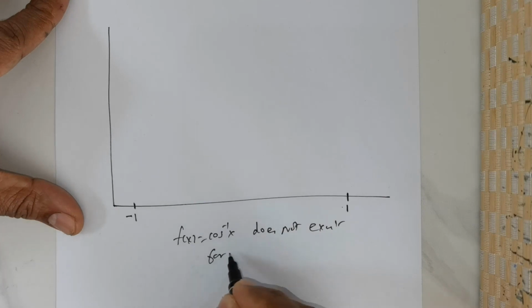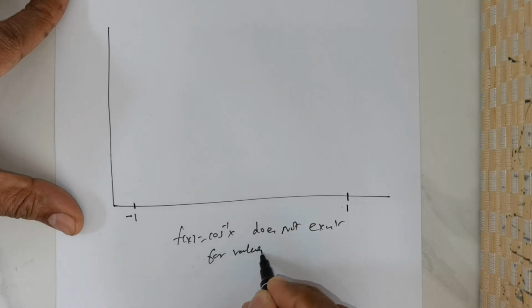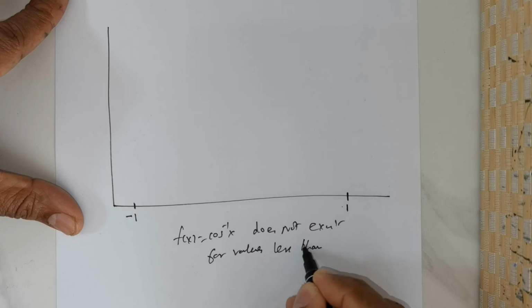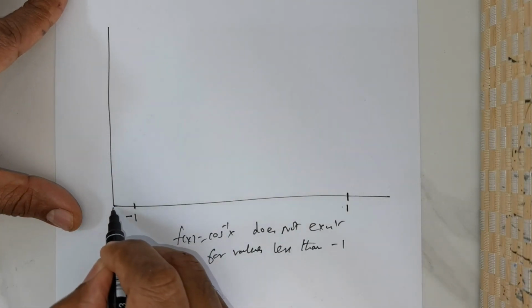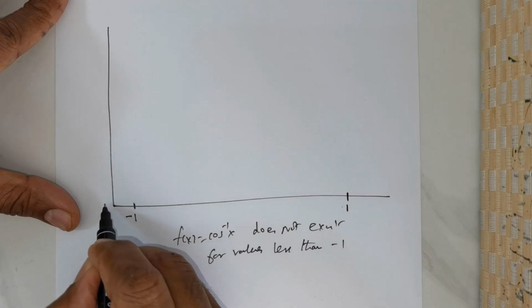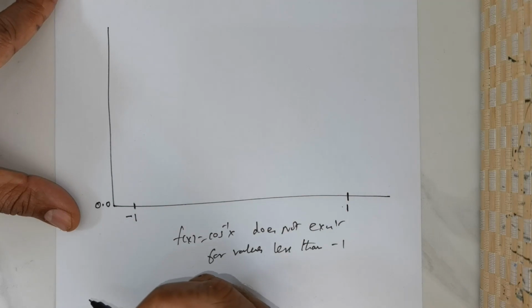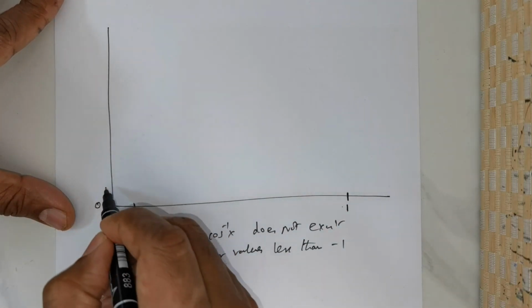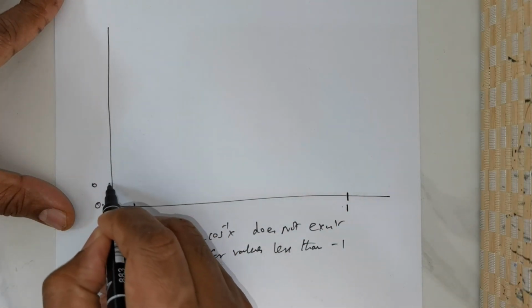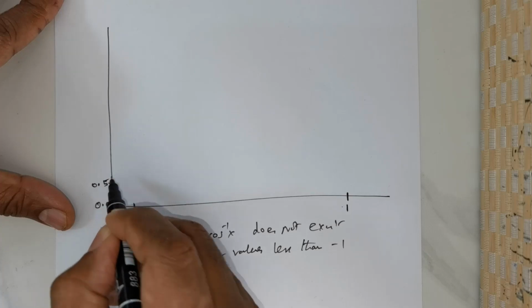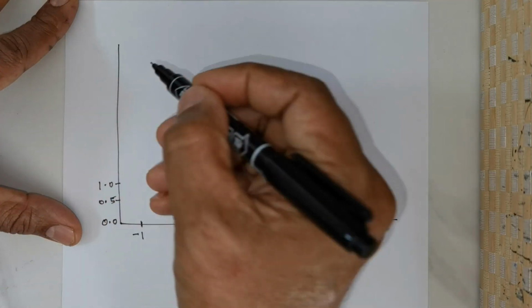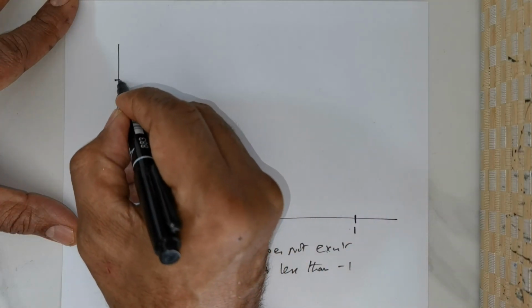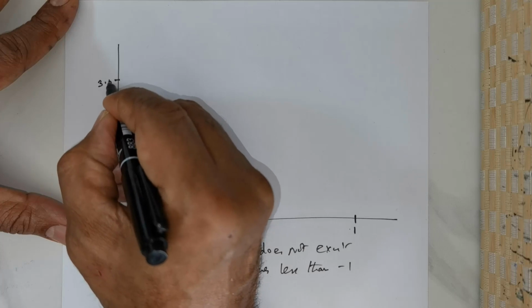Let me start here for the y-axis at 0.0, and this is going to be 0.5, and this is 1.0, so on and so forth. And this point, let me take this point as 3.0.